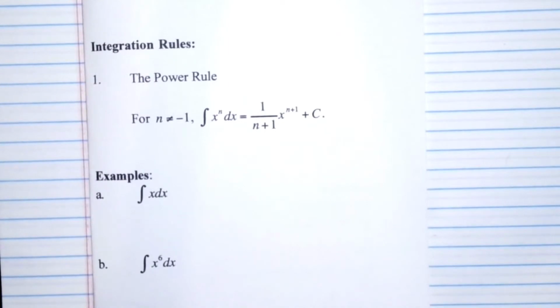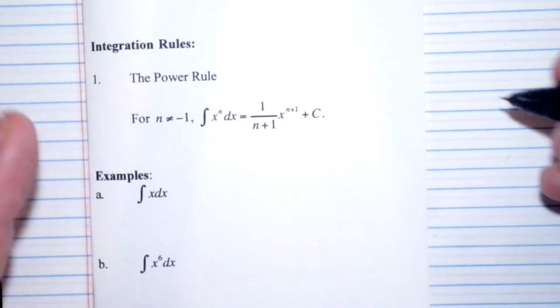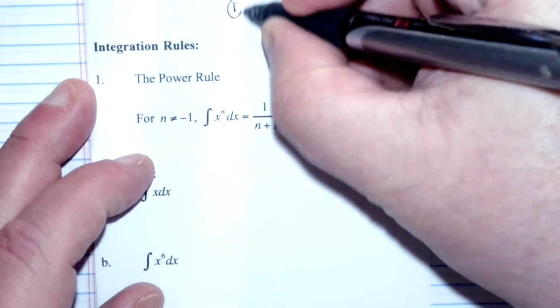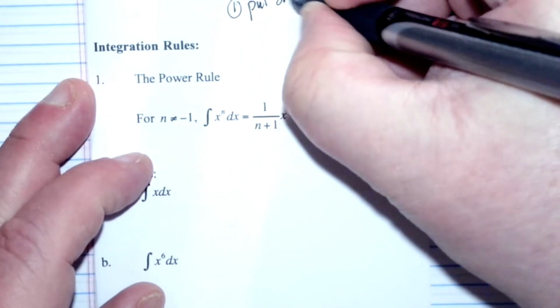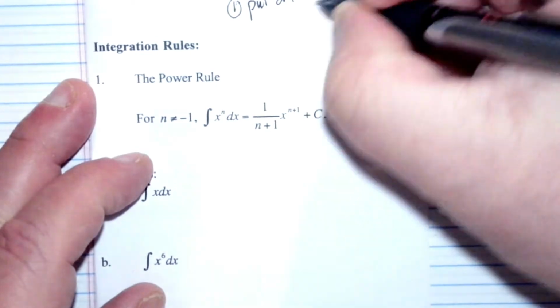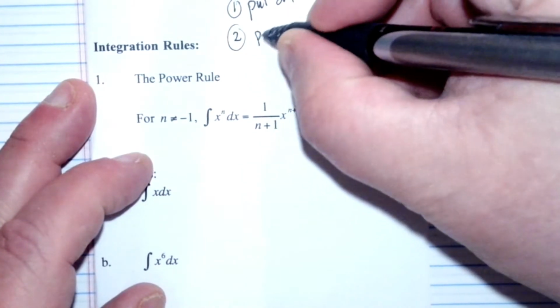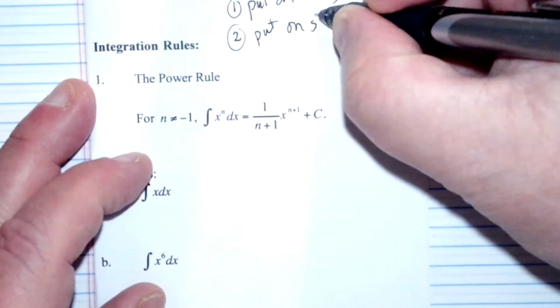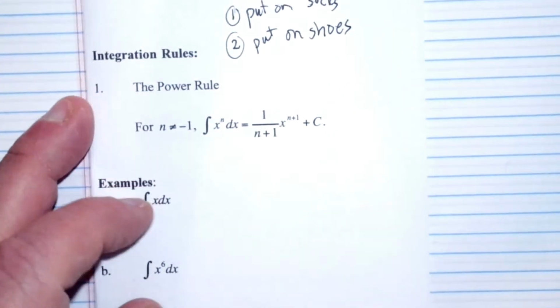So we need to talk about some integration rules. Essentially, when you're integrating, you're just reversing differentiation. So how do you reverse a process that has many steps? For instance, what about putting on shoes and socks? In the morning, when you get dressed, you would probably put on socks, and then number 2, put on shoes.